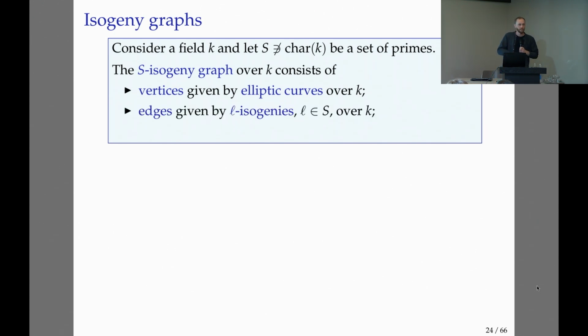And the edges are given by the L-isogenies, where L is a prime in this set S. And again, just over K, because we want everything to be computationally easy over the actual base field. And then, because there are lots of redundant representations of everything, we take everything up to K-isomorphism. So among all the actually identical but different looking curves, we just pick one representative for every isomorphism class, and then we have to accordingly identify things on the level of edges as well, so that we don't have tons of duplicate edges.